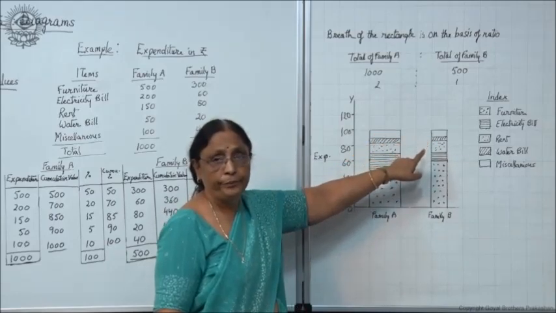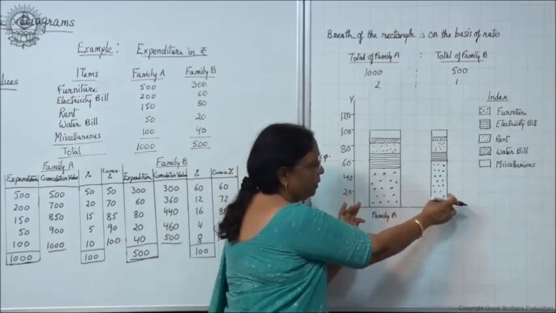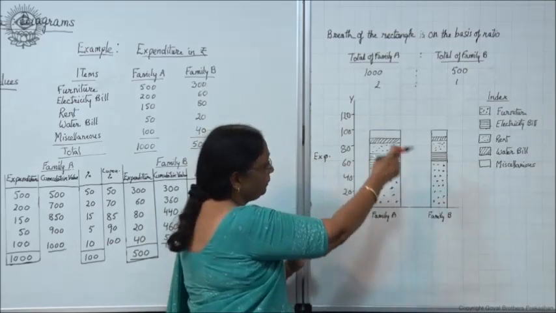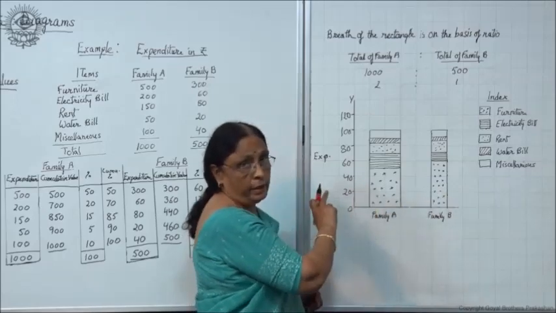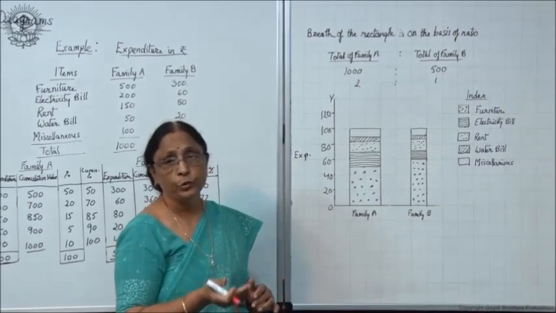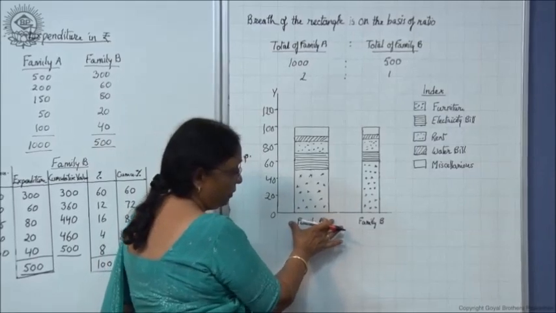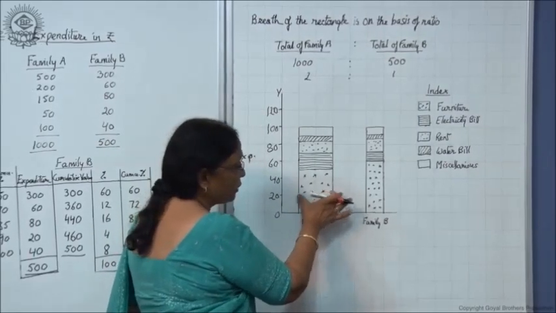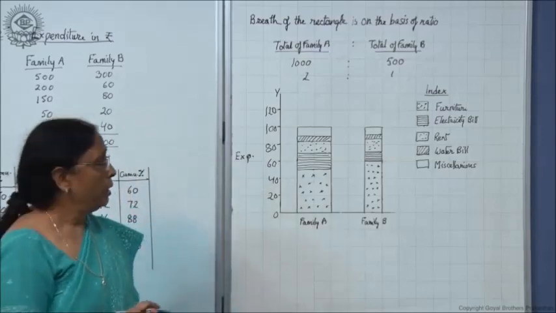That will be the same. But here, as you see, the breadth will be different. Family B is just half of family A because the expenditure is also half and the ratio is 2:1. So the breadth of family A is just double of family B, right?